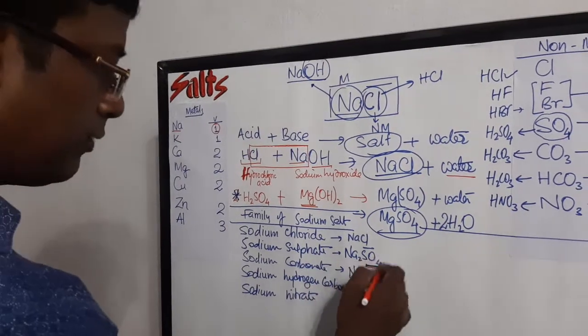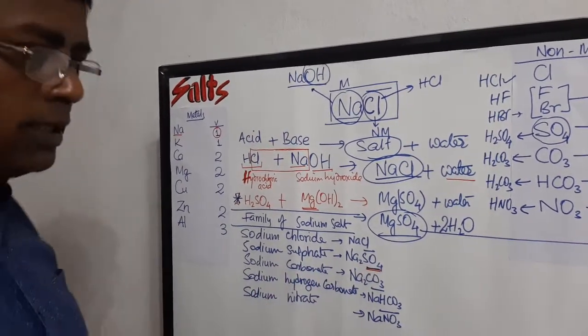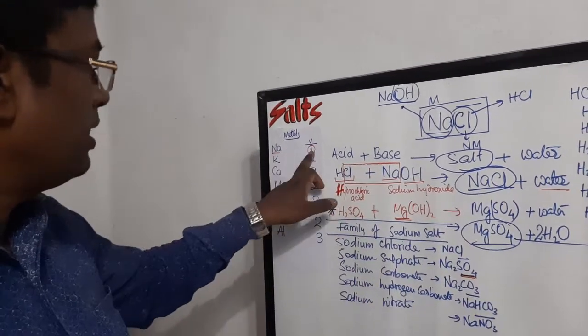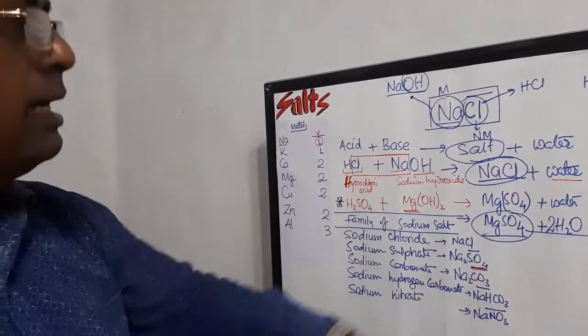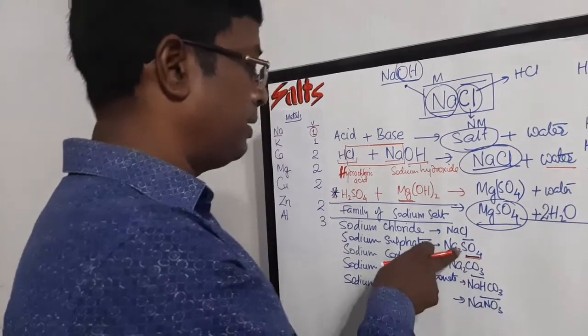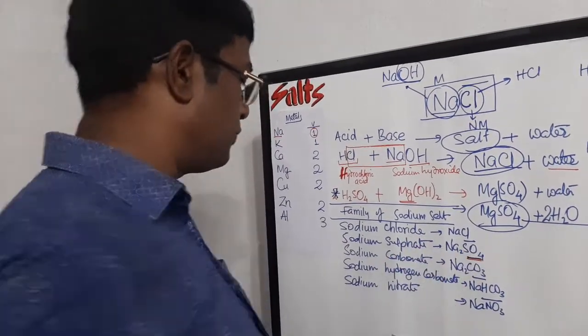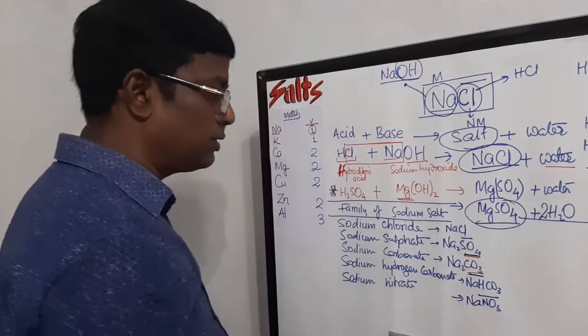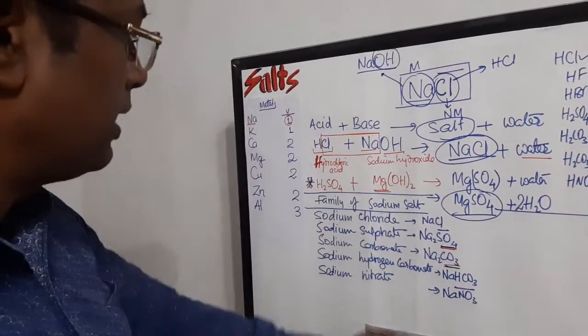So they will interchange, the crossing over valency method. Sodium has 1, so it will go to sulfate, and the valency of 2 will come here, Na2SO4. Similarly, be extra careful about sodium carbonate, Na2CO3, NaHCO3. So a lot of things we can make here.